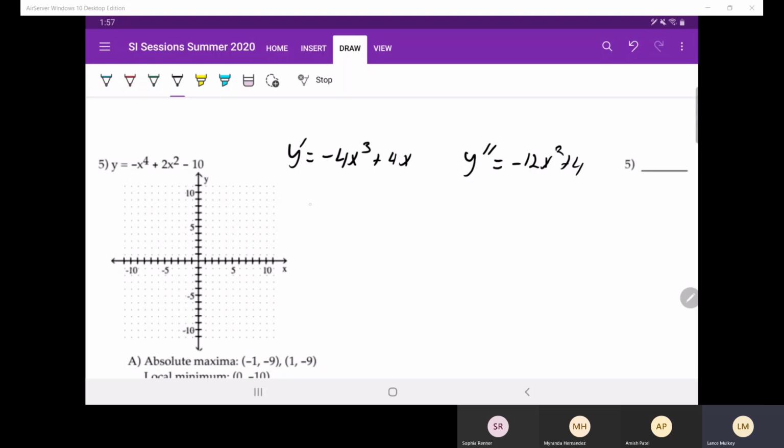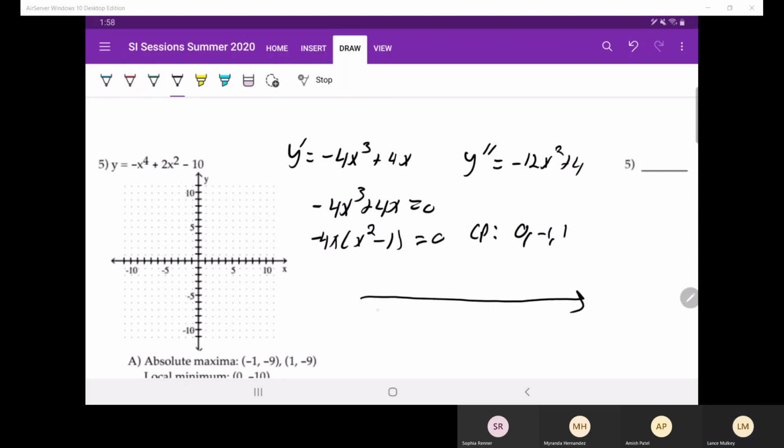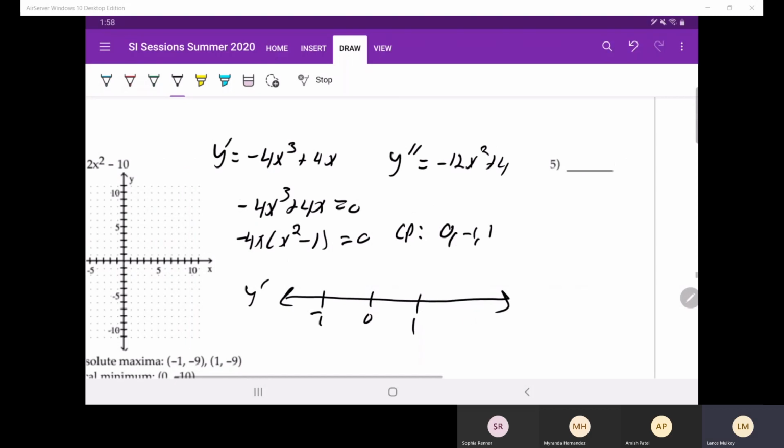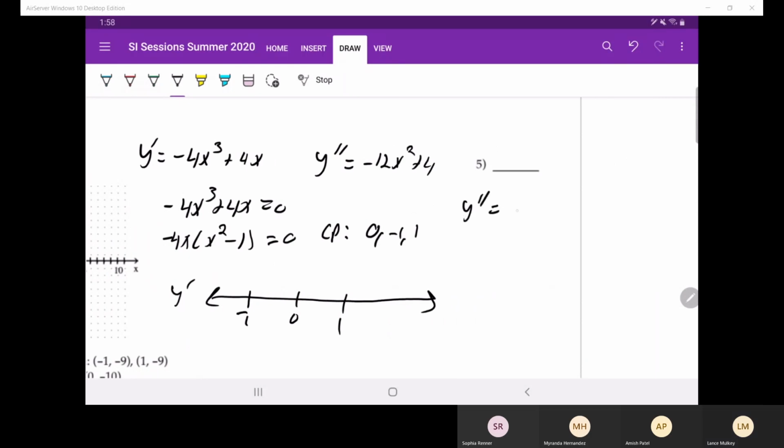So if we set this one equal to 0, so we have 0, and this one goes into -1 and +1. So we have 3 critical points. Let's do this.